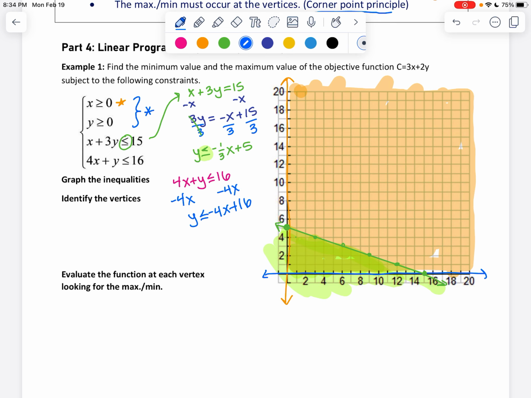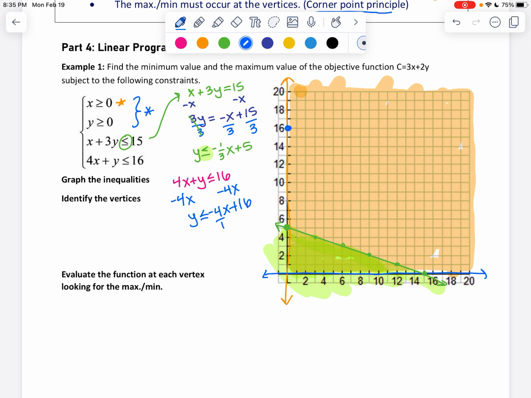We have the y-intercept at 16 and then a slope of negative 4. Remember that for slope it's rise over run, and if you have a whole number you can think of it as being over an understood 1. So we're going to rise down 4 and move over 1, and I say down 4 because it's negative.